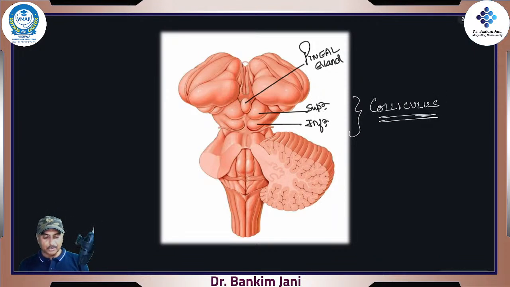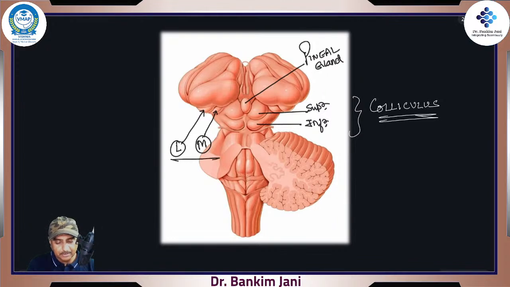But now see how the relays start. Can you see that there is one structure over here, the bulge, and then there is one structure over here, right? That is called the geniculate nucleus. One is medial, the second is lateral. So here it is medial and this one is lateral.